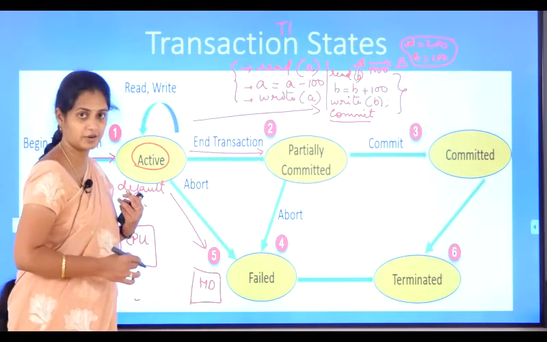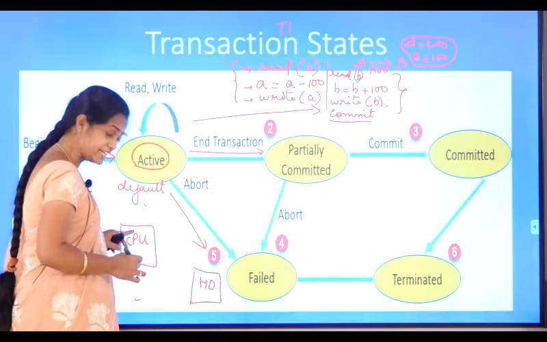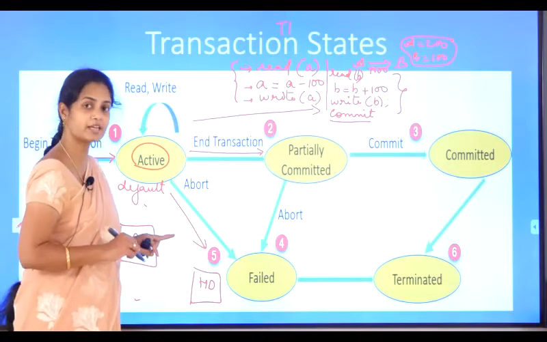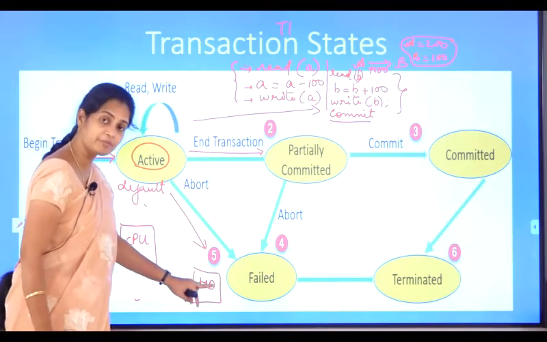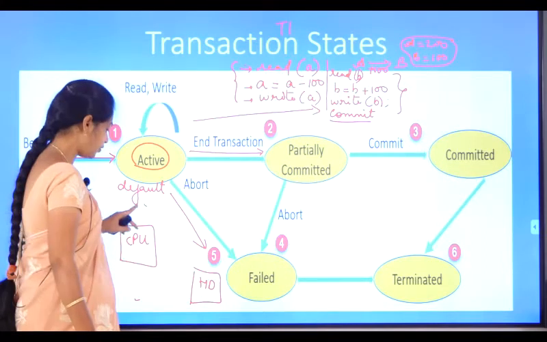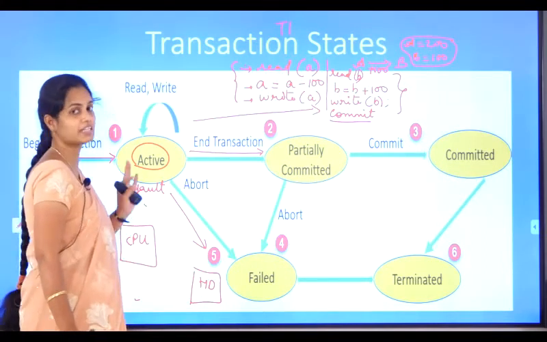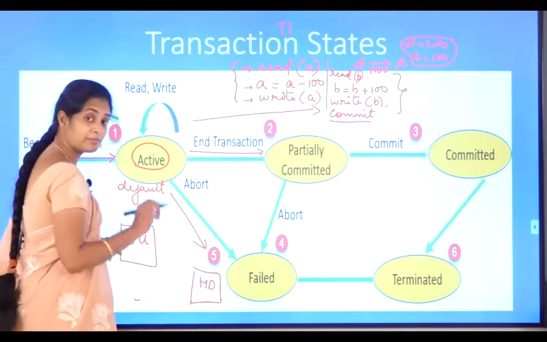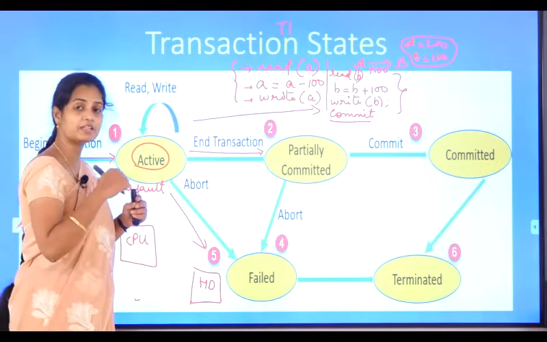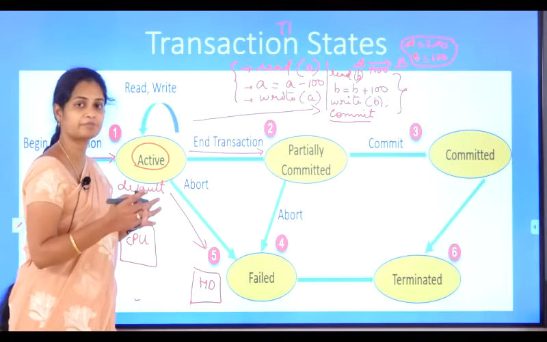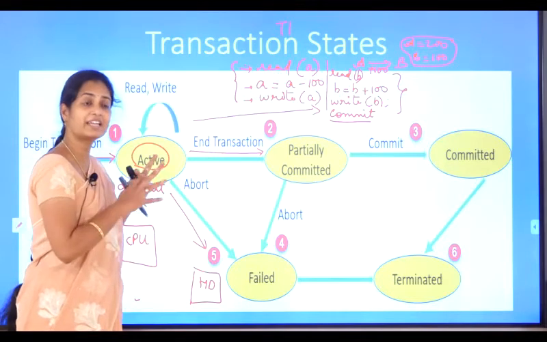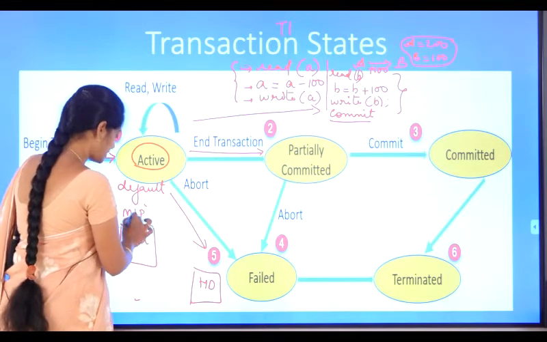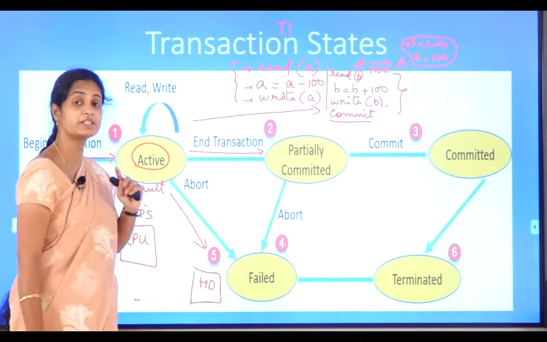Instructions are executed by the CPU only if the secondary memory provides the data. But remember that the CPU executes instructions very fast, millions of instructions per second.